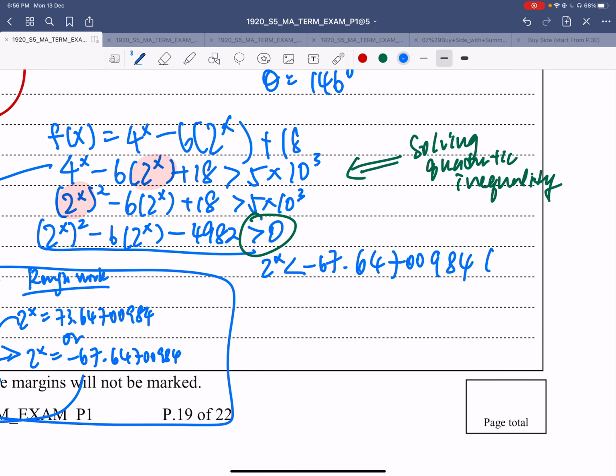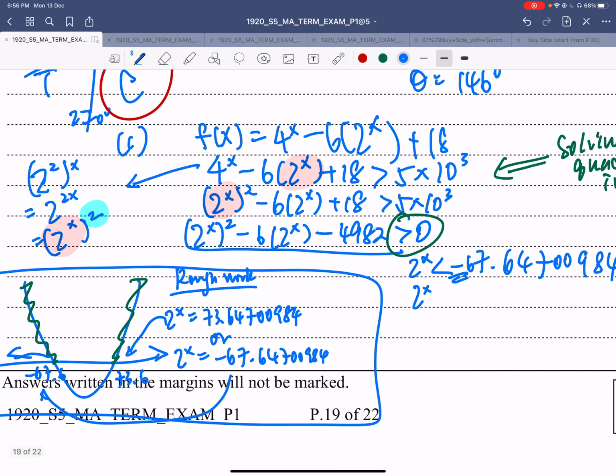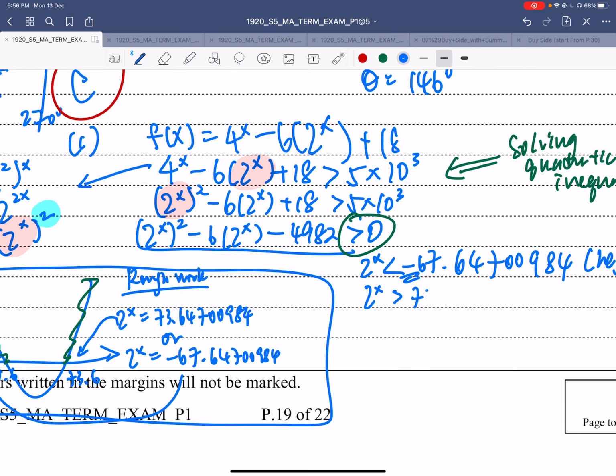This should be rejected, because the range will not be less than 0. If it is negative, then it should be rejected. For the second part, the right hand part, 2 to the power of x is larger than 73.64700984. This one is solvable.